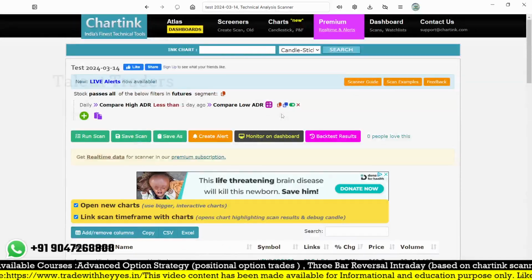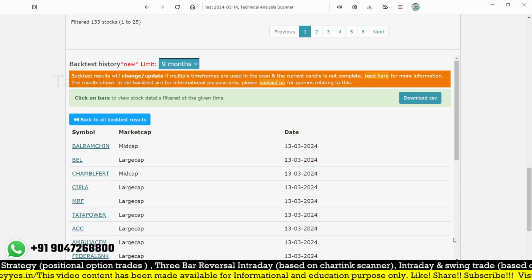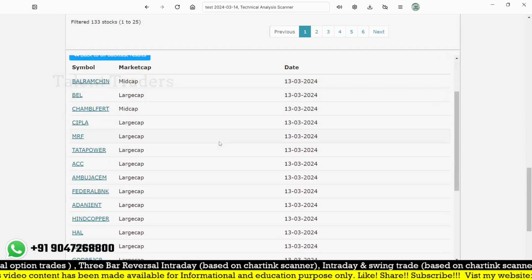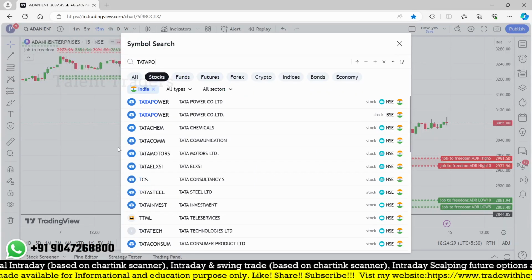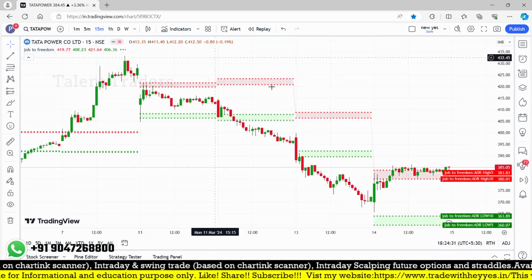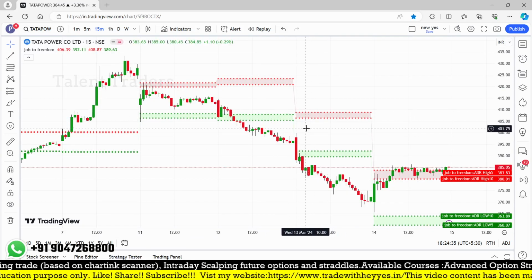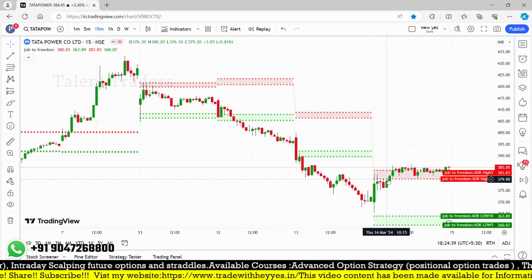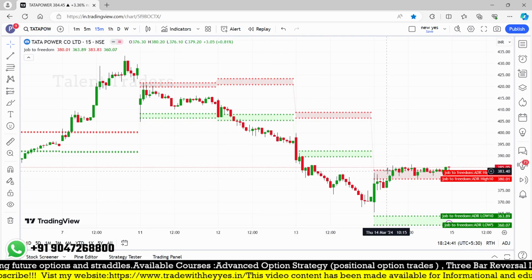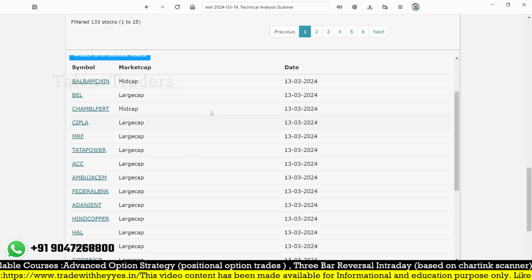Let me come to the bottom. So what happened yesterday? If we find any big stocks, because of the big gap: BL, Cipla, Tata Power two days back. So let me check Tata Power. Comparatively lower than the higher ADR, it must be lower than. So here it has not happened. Okay, let me check.